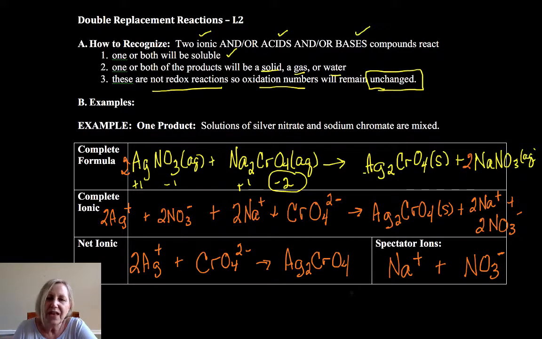What that tells me is I could have brought silver along with, let's say, perchlorate ion, or I could have brought the chromate in with potassium. That wouldn't have made much of a difference in terms of the interesting chemistry. That's what that net ionic is.